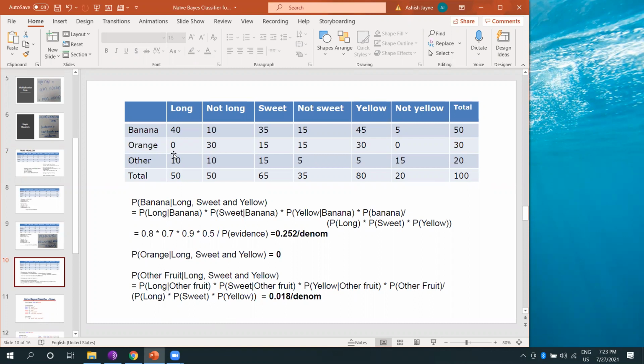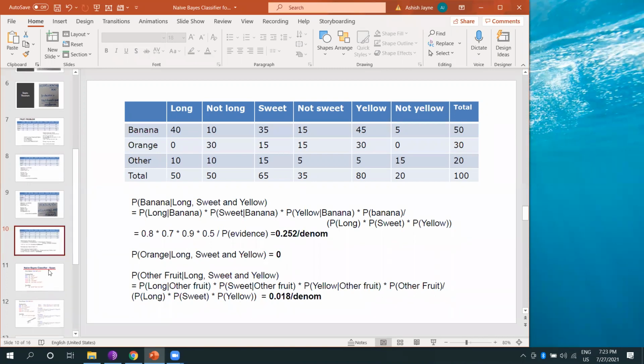Now for P(long | other fruit), we would again use these numbers from this table, fill them over here, and we would get this number. And then we would compare P(banana | the specifics), P(other | the specifics), P(orange | the specifics), and whichever one is higher, we would simply answer.